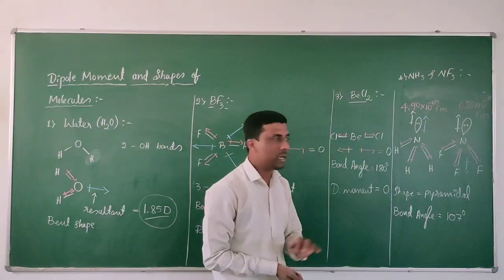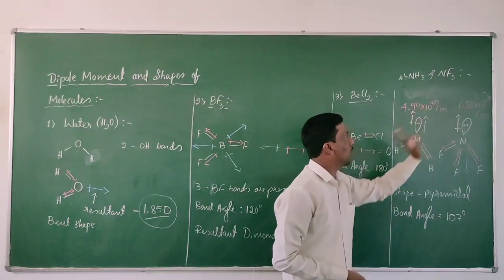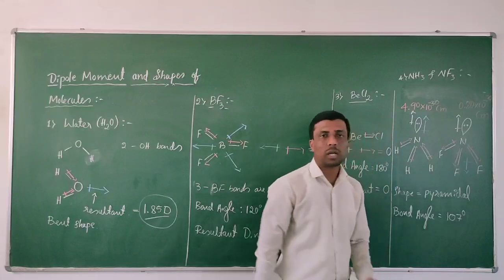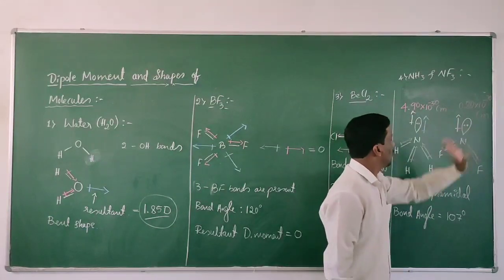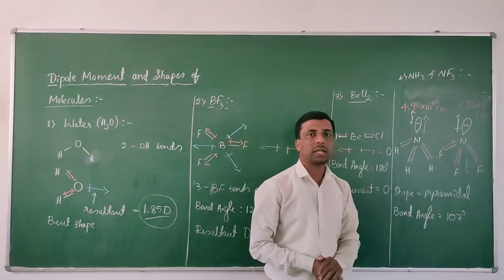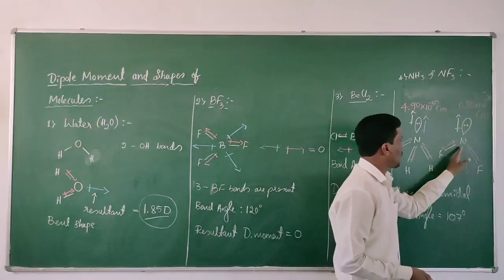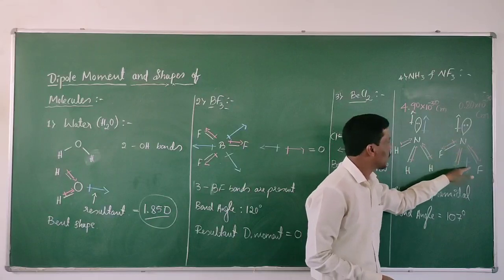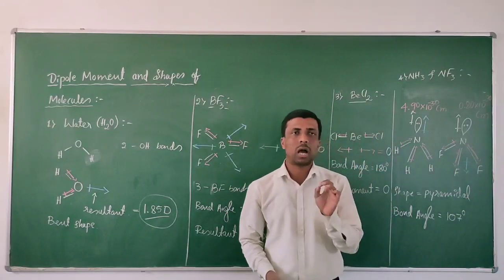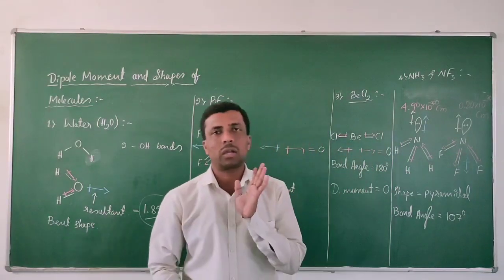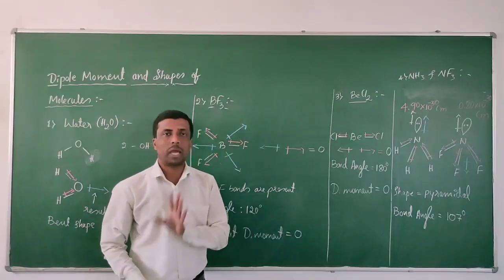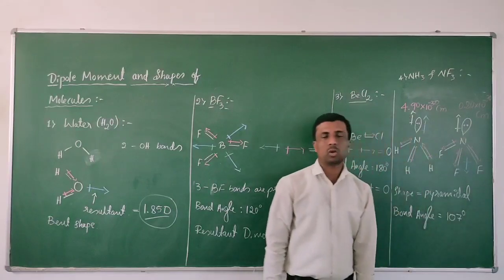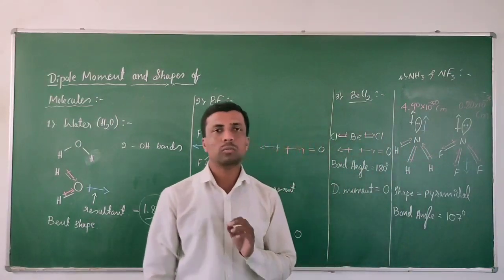Therefore, they are added. We have the value 4.90 into 10 raised to minus 30 coulomb meter. But in case of NF3 molecule, the dipole moment of the lone pair and the resultant dipole moment of three NF bonds are not in the same direction. Therefore, the dipole moment is 0.80 into 10 raised to minus 30 coulomb meter.